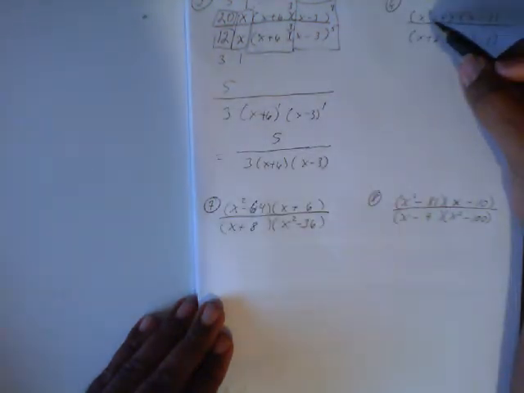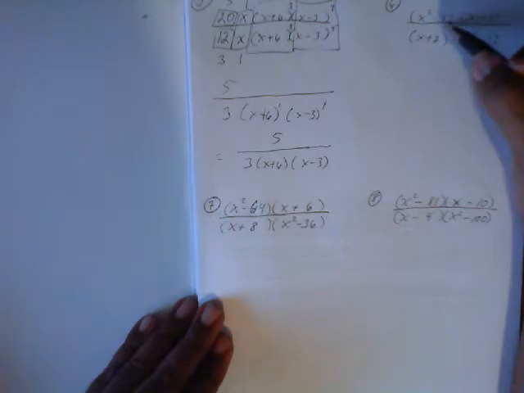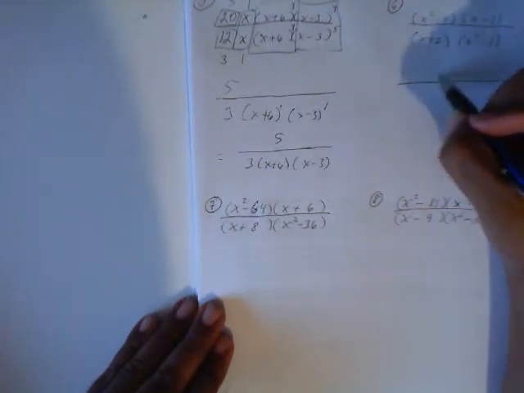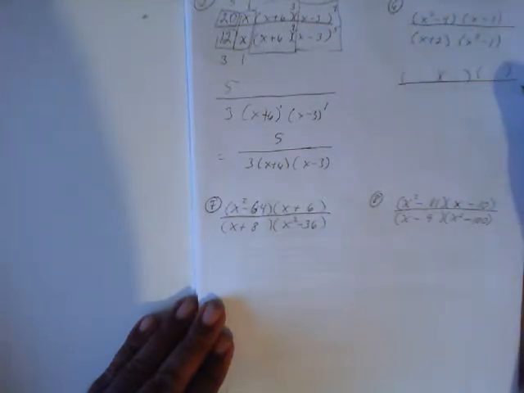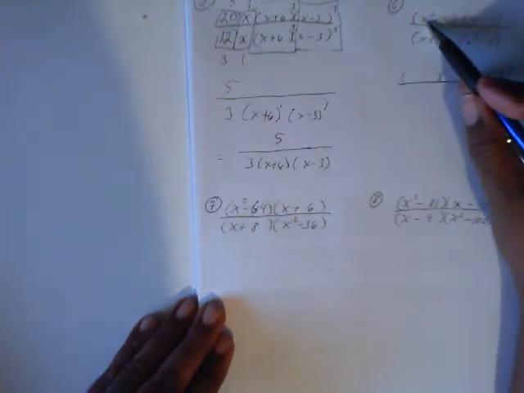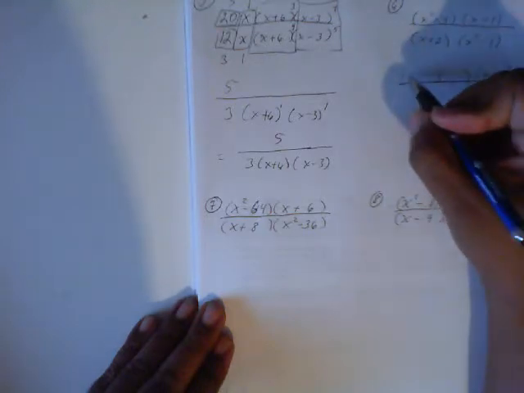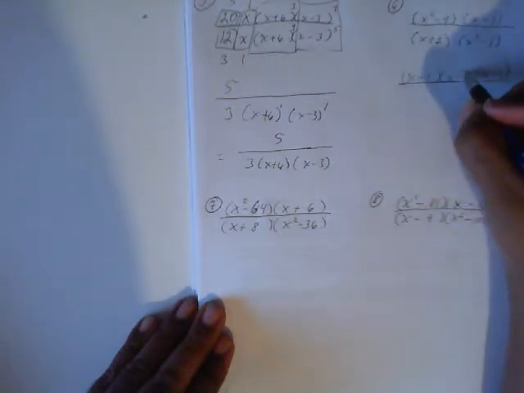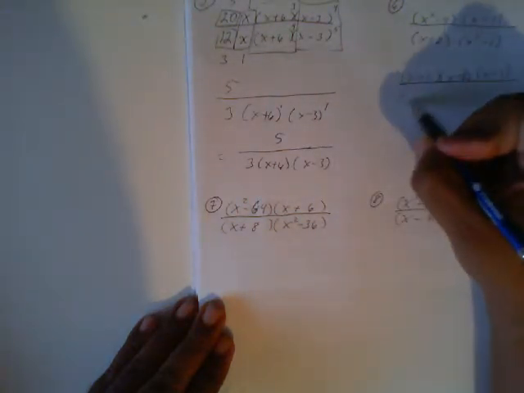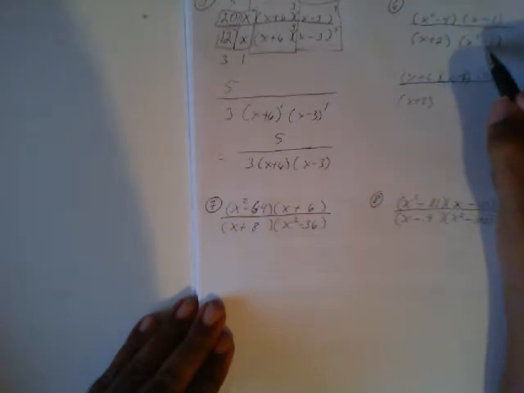Here I have x squared minus 4, which is the difference of two squares. That can be factored into two binomials, along with the last binomial, x minus 1. So the x minus 1 is still here, but the difference of two squares, x squared minus 4, can be factored into x plus 2 times x minus 2. Here, the x plus 2 factor remains, but the x squared minus 1 is a difference of two squares, so that can be broken into two binomials.